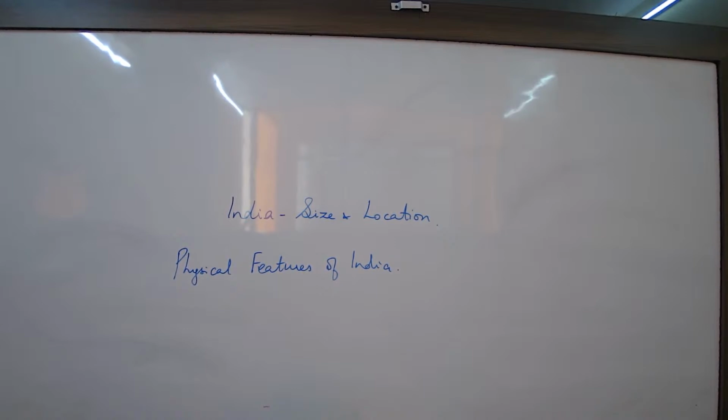Bounded by young fold mountains in the northwest and northeast, that is this Himalayas. And in the northeast also you have other mountains like Jayantiya, Garo, Khasi, all those are over here. So in the north, northeast, and this side, northeast. India begins to taper and extend towards the Indian Ocean.